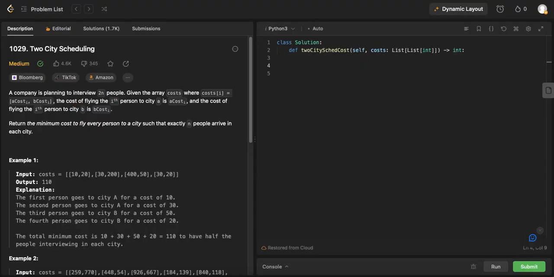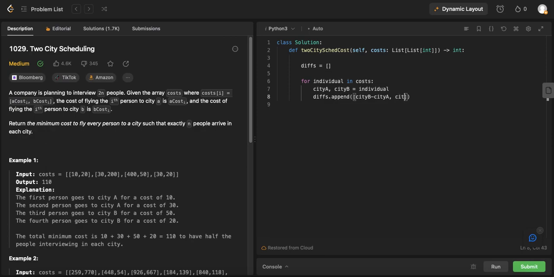So we said we wanted to start off by creating a differences array. And this differences array would allow us to determine how much more money it would cost to send an individual to city B rather than city A. Then what we will do is take each individual in our cost array and destructure the individual into the cost for city A and the cost for city B. Afterwards, we can start filling up our differences array by saying differences.append, and we will append a subarray which will have the difference between the cost for city B and the cost for city A at its first index, or index 0.